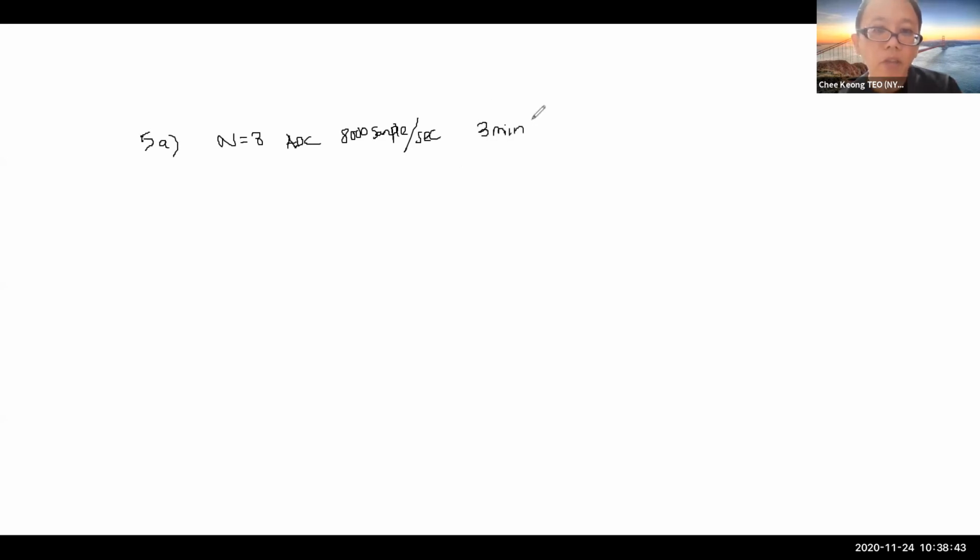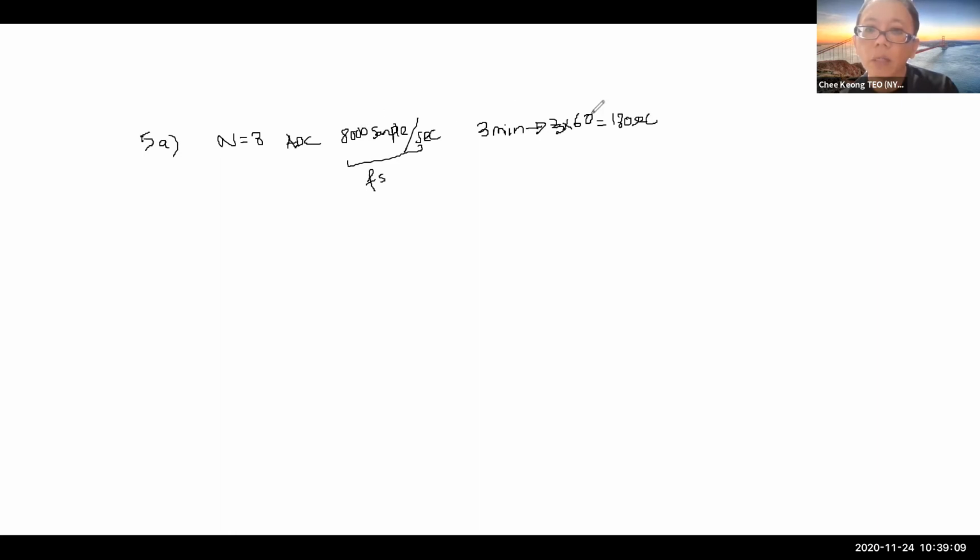So they ask you after 3 minutes, what is the sample size? So 3 minutes is equivalent to how many seconds? 3 times 60, right? So it's equivalent to 180 seconds. So 180 seconds will result in how many samples? Now we are using the sampling frequency, this is fs, right? So it already tells you that in 1 second, I will generate 8,000 samples.